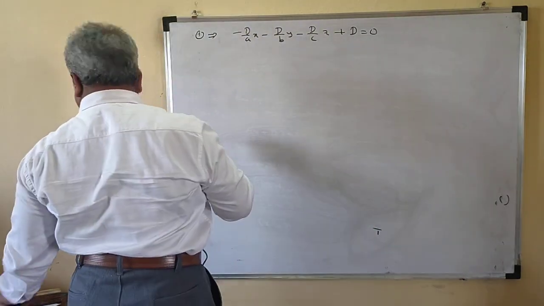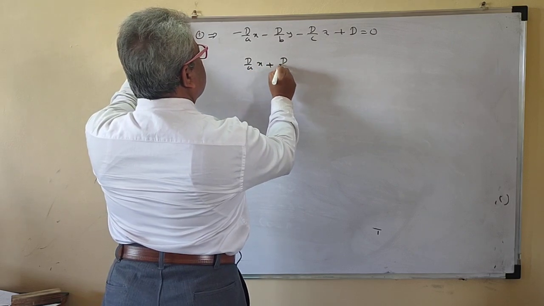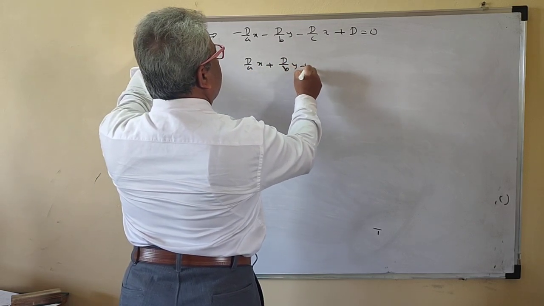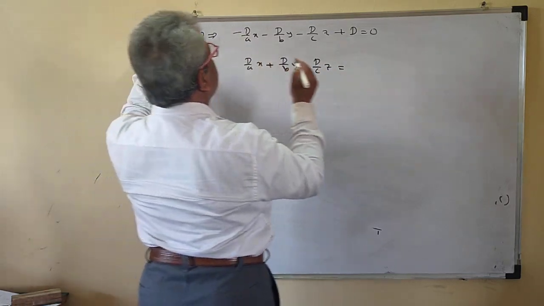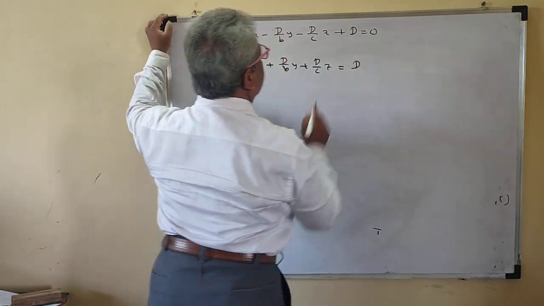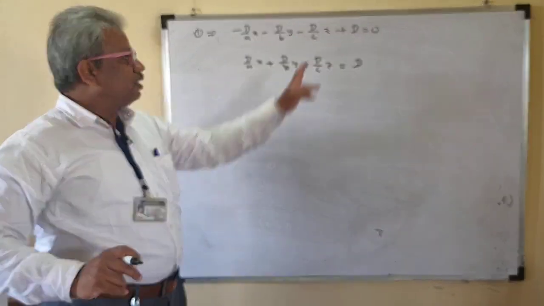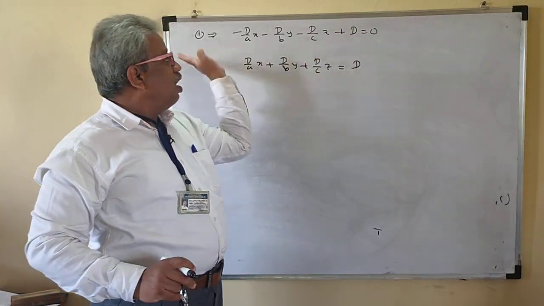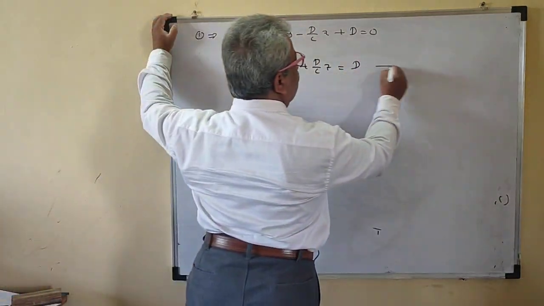So you can write this as D upon a x plus D upon b y plus D upon c z is equal to D. Here all sides have minus D, so shifting D, all are positive. I call this 2 now.